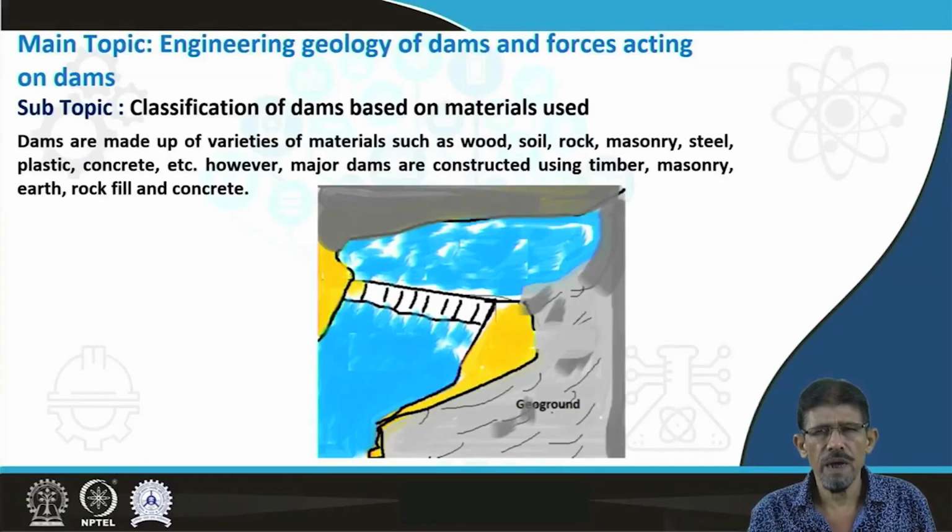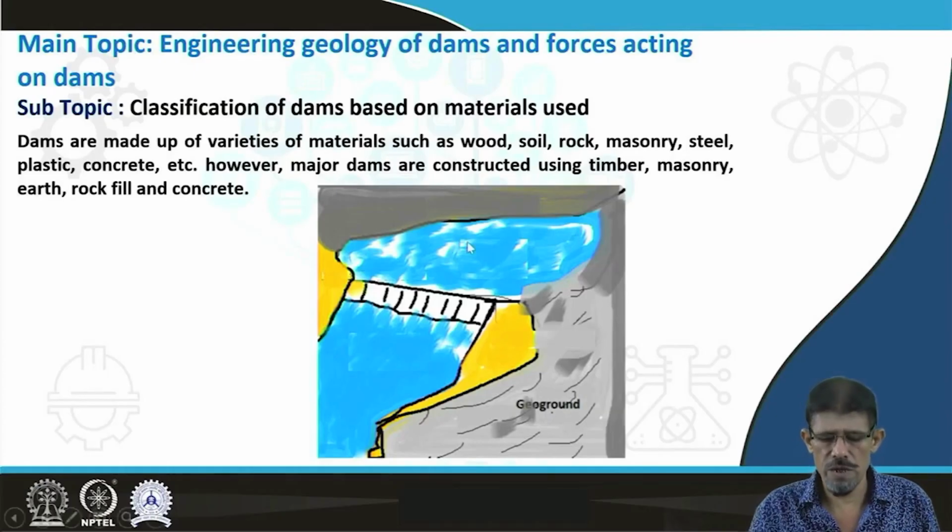Friends, as you know, the classification of dam based on material used is important because varieties of dams are constructed using different materials such as wood, soil, rocks, concrete, steel, plastic, etc. But the majority of dams are made up of either concrete, earth, rockfill or even composite types, concrete and rockfill, masonry, etc.